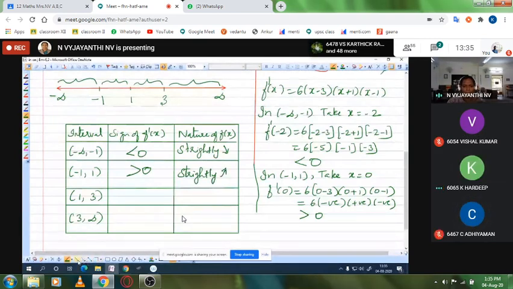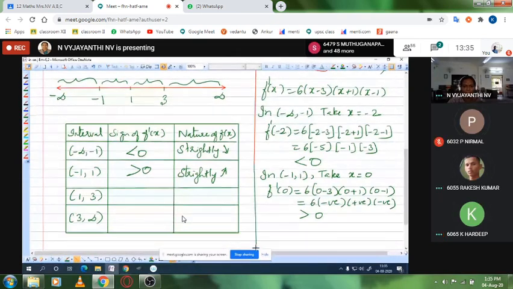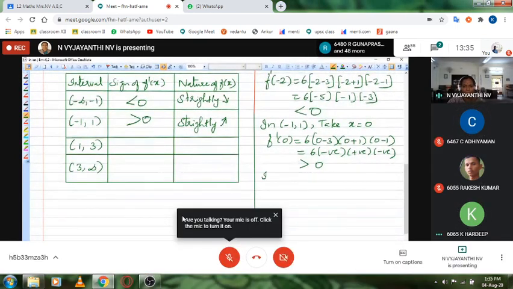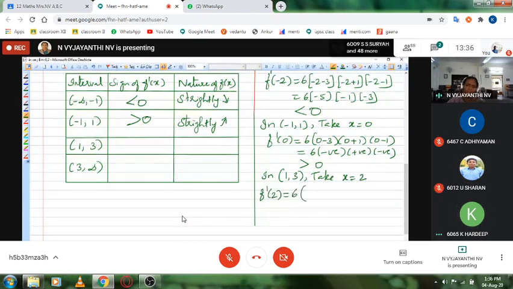So what are the other values which we can take? 2. So in 1 comma 3, take x as 2. 6 into 2 minus 3, then 2 plus 1 into 2 minus 1.